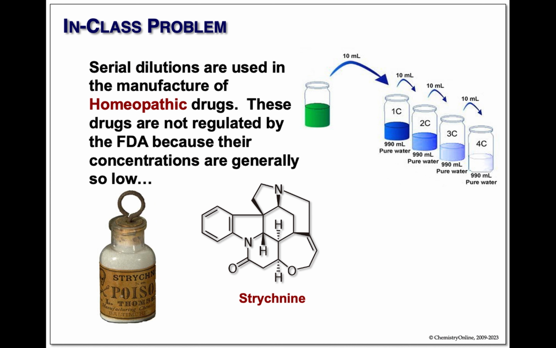You could use it to kill rats. If you were upset with your spouse, you could poison them. It was really useful stuff, okay? Well, you can't do this anymore. You can't go into Roscoe and buy strychnine. But actually you can.